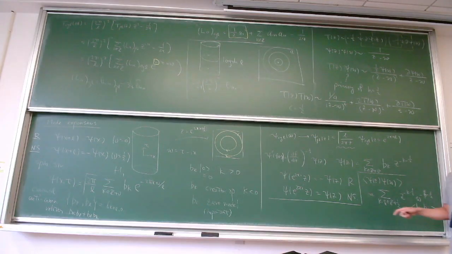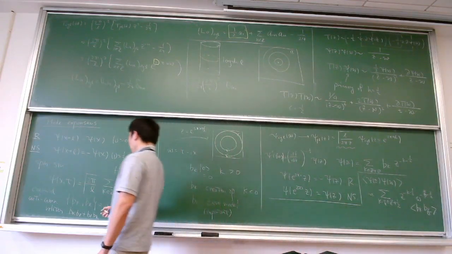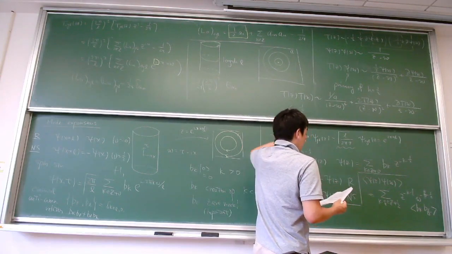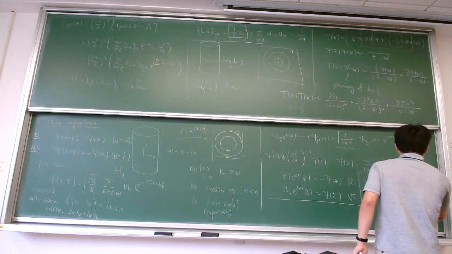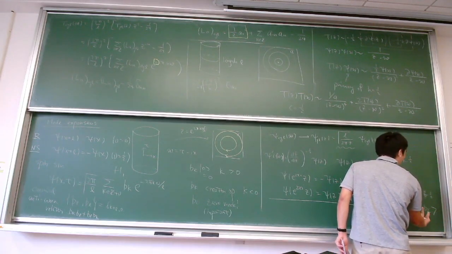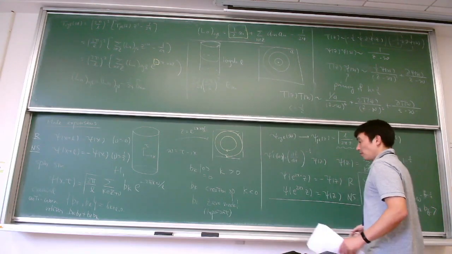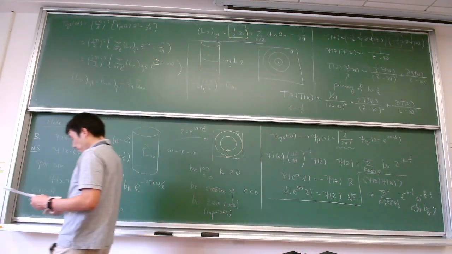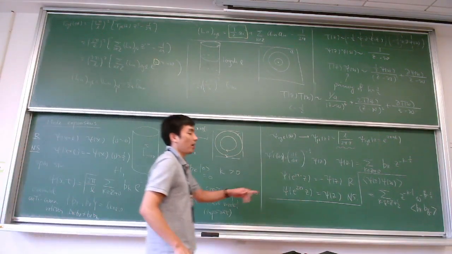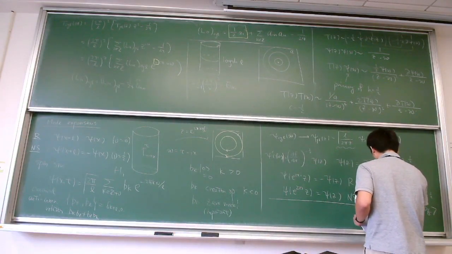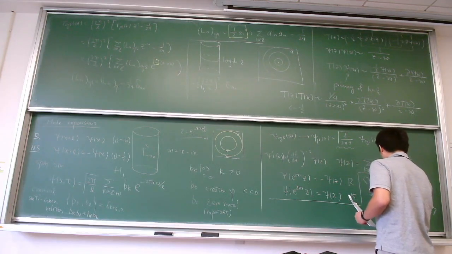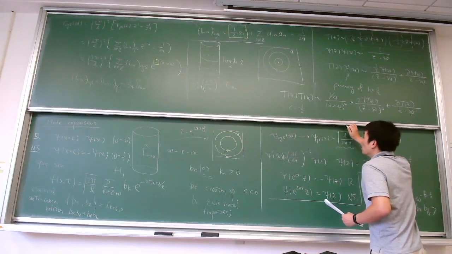Then you can apply this anti-commutation relation here: you just swap creation and annihilation operators, and it will give you some non-trivial constant when k is equal to q. So the most important, non-trivial part is this part.